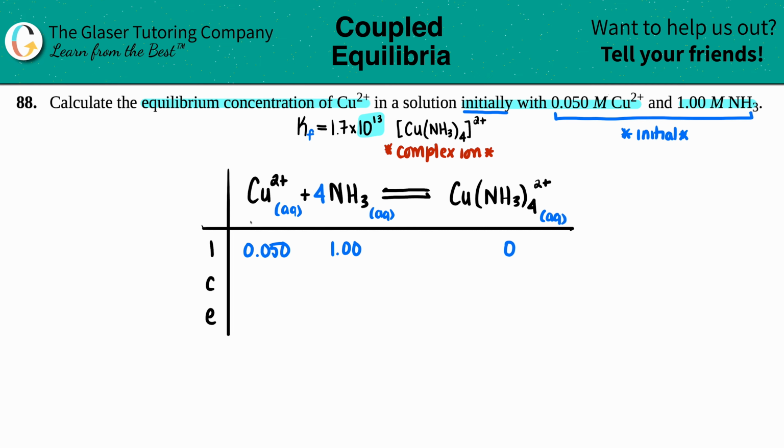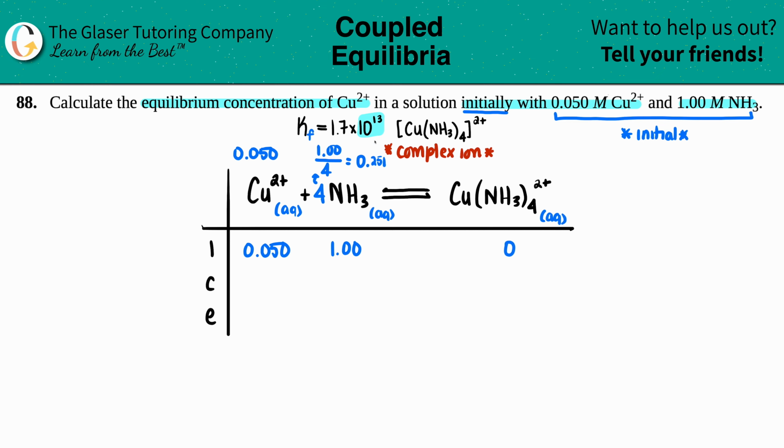Since the copper is already for 1 mole, I'm just going to put that value up top here, 0.050. But for the NH3, that 1.00 molarity is spread out over 4 moles. So in order to find out what it would be for 1 mole, I would have to divide by the coefficient. So it'd be 1 divided by 4, which is 0.25.